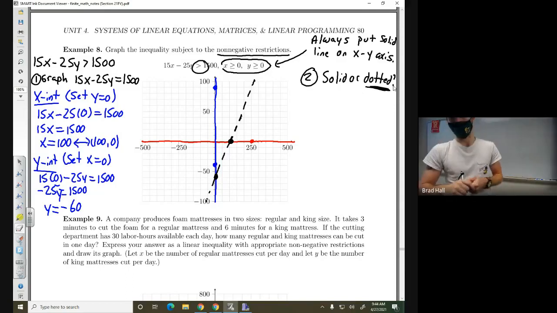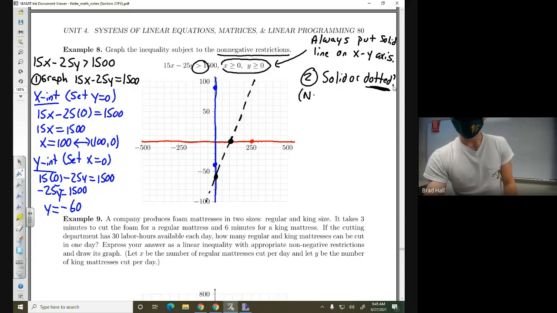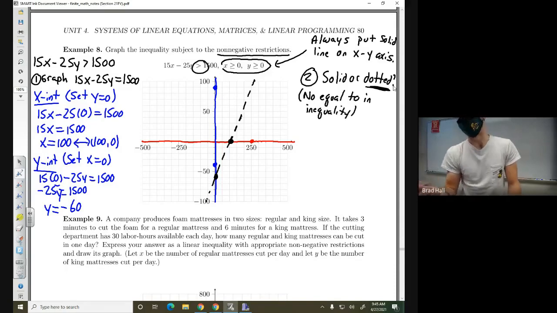So it should be dotted. Remember, that doesn't matter in this section. It should be a dotted line. So again, this is no equal to in the inequality. If we did have an equal to, then we would use a solid line.